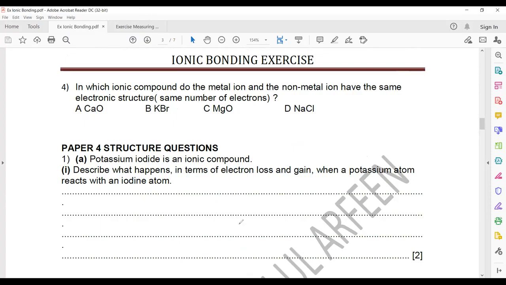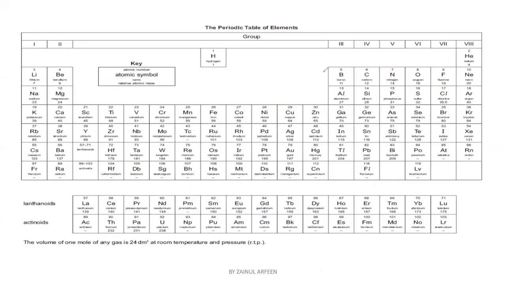So in calcium oxide, when we check the periodic table, we have calcium and oxygen. Calcium and oxygen react with each other to form a compound which we call calcium oxide. For calcium, this number is representing the proton number, and for an atom the proton number and the electron number are the same.